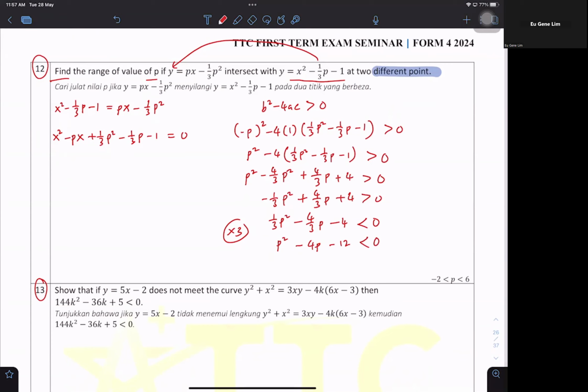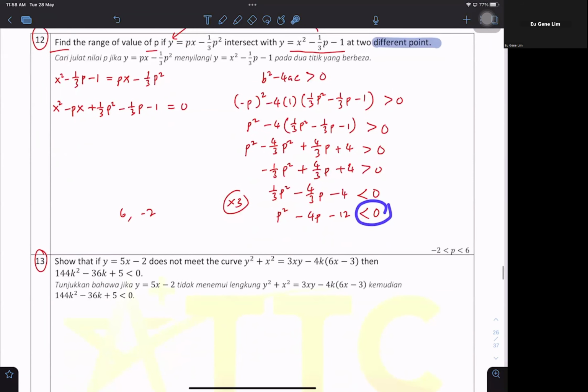So you press calculator, what do you get? 1, -4, -12. I got 6 and -2. But the number in your calculator is not the answer because this question is bigger and smaller, right? So what should you do?